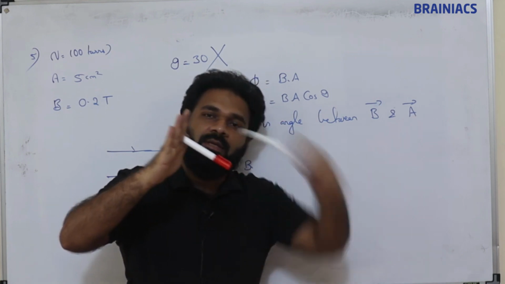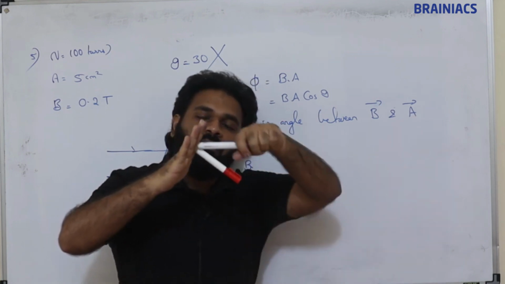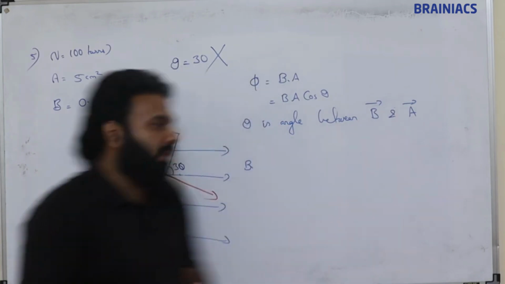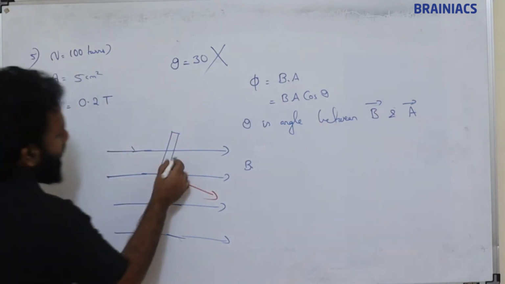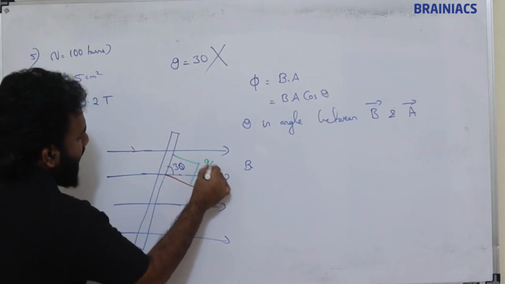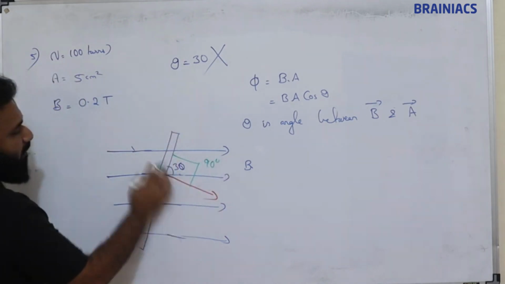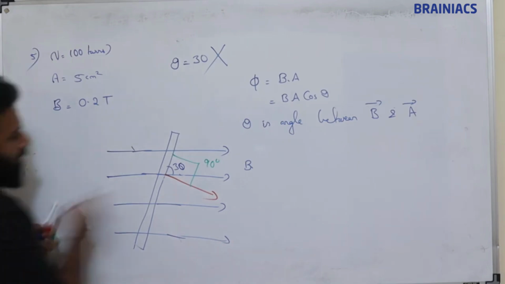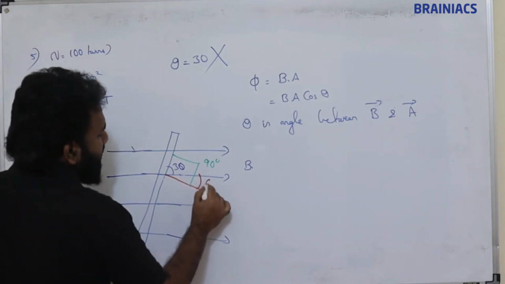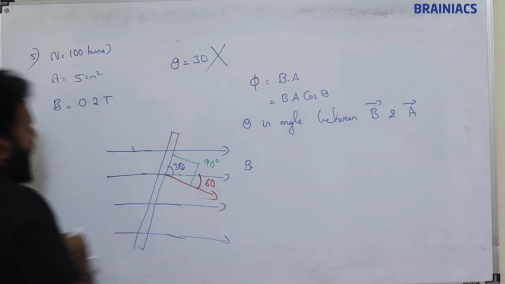What we need is the angle between the area vector and the magnetic field. The area vector is always 90 degree to the plane of the area, so this angle is going to be 60 degree, 90 minus 30.